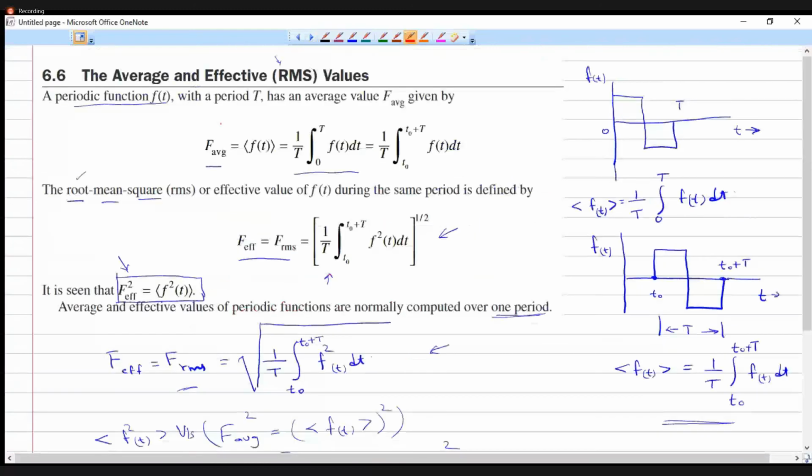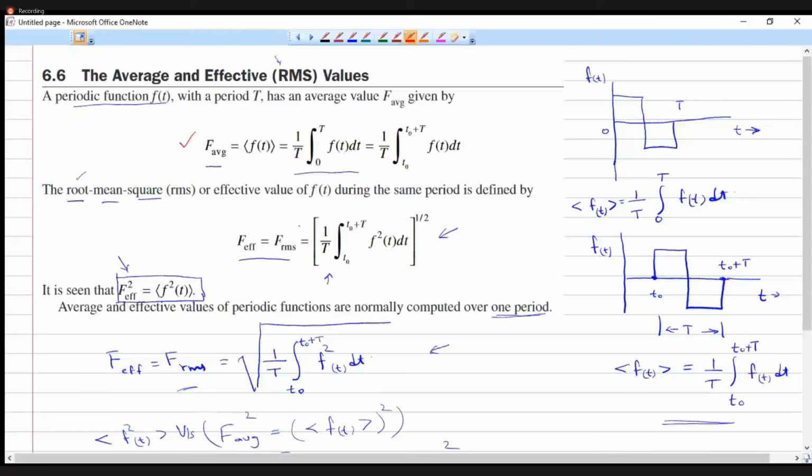After that, we have seen what are called the average value and the effective value, otherwise called the RMS value. We can find the average value of any function using this expression: the average value is 1 upon the total time period, times the integral over the time period of that function with respect to t.